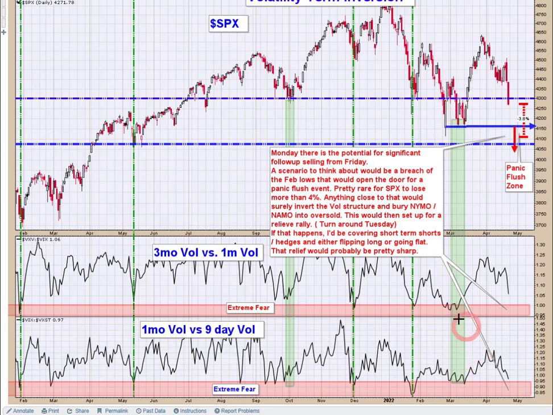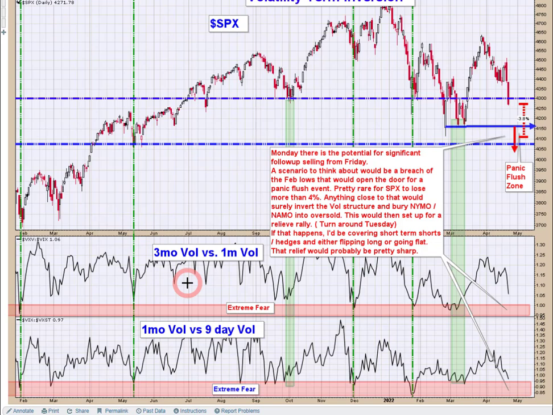We came down again, and again we had a term inversion on both panels. We got a big rally, and now these volatilities are nosediving lower, meaning we're getting closer to a volatility term inversion where I would again be looking for a bounce.